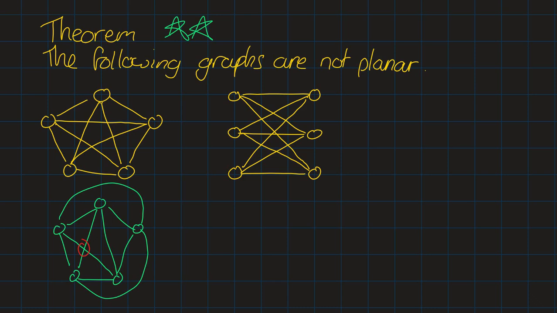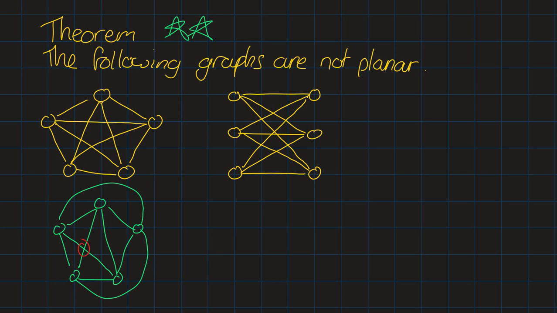In general, proving that it's impossible is not an easy thing to do, because if you think about what you're being asked to do, it's quite a lot. I'm asking you to prove that out of the infinitely many different ways of drawing this graph, all of them have an edge crossing. No matter what you do, you're always going to have an edge crossing.